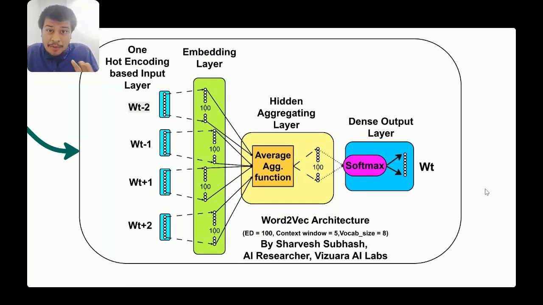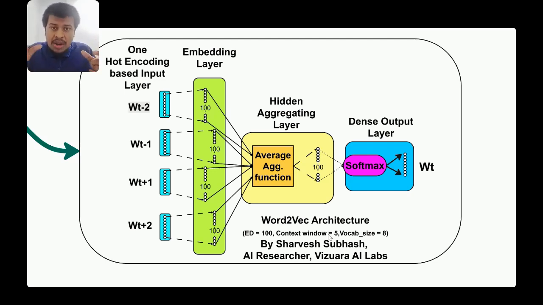Before going to the implementation, some of you might have this doubt: I said the context window is 2, with m equal to 2, but then how is it given here as 5? This specific parameter I've given here is actually the total context window. It is the number of words the software has to go through in a sentence.